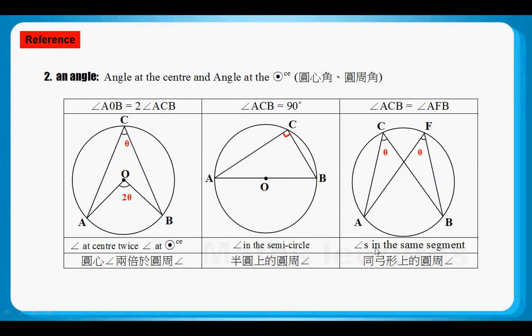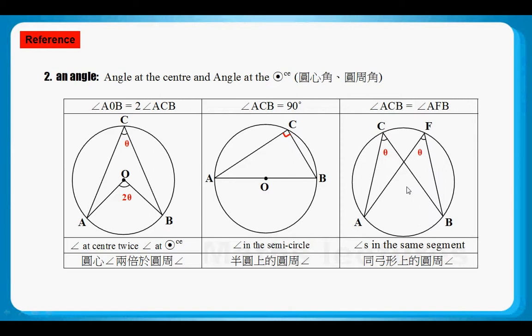Okay, angles in the same segment. You can imagine there is our center O in this circle, and then we have two radii, and the angle of the radii must be 2 theta because the angle at the circumference is theta. As you can see, AB shoots two radii and shoots two chords to have the chord relationship.